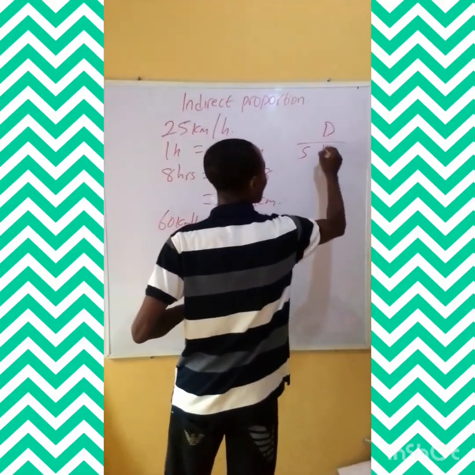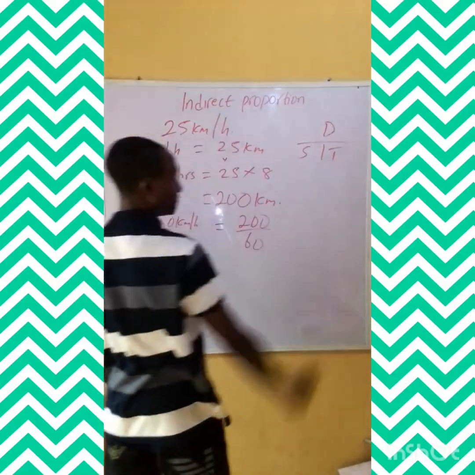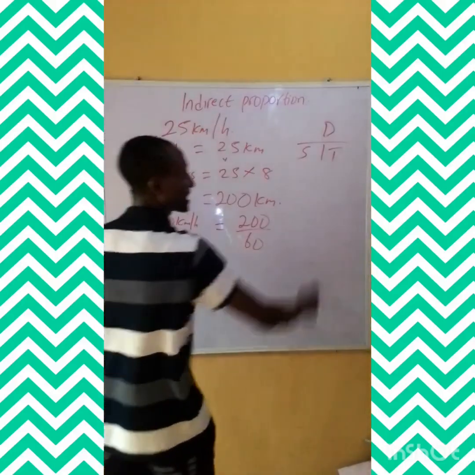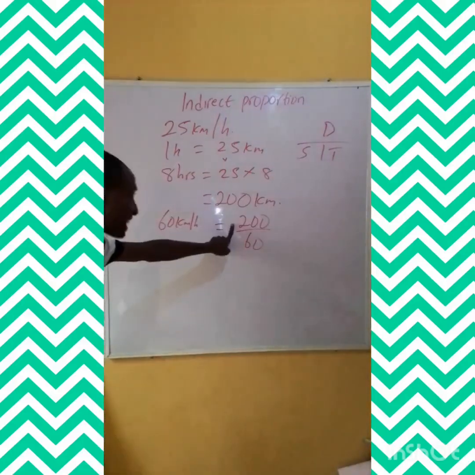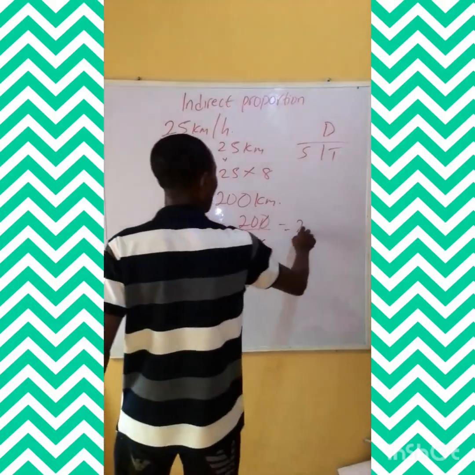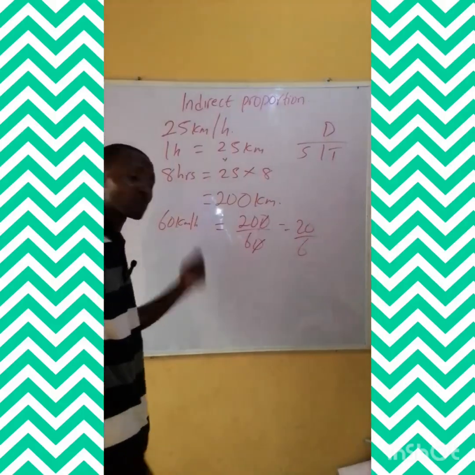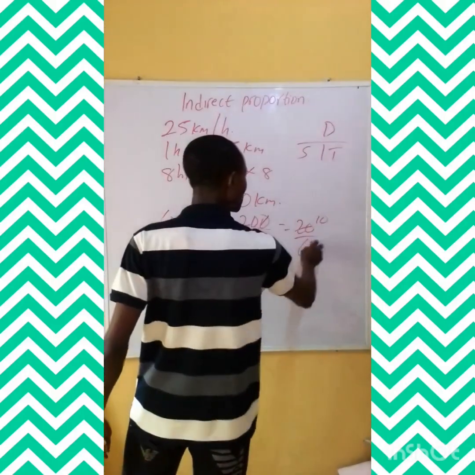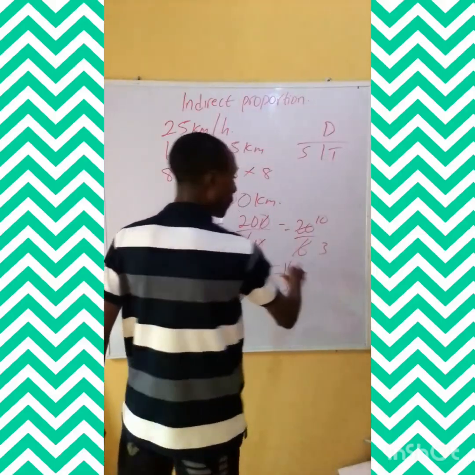Your speed is distance over time, so time is the distance over the speed. The last 0 will cross out. What do I have? 20 over 6. 2 can go, why? They are both even numbers. 2 here is 10, 2 here is 3. What do I have? 10 over 3.